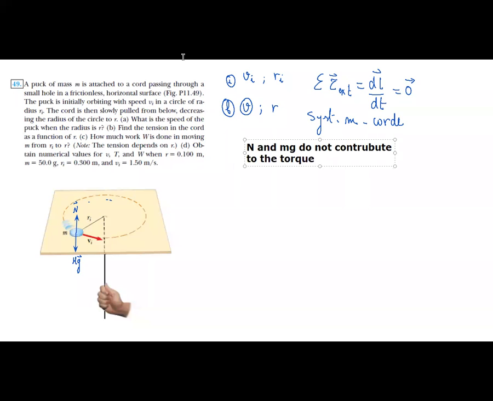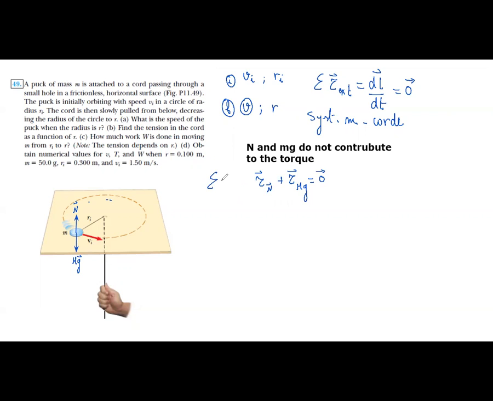Anyway, you see here N is parallel to the axis and mg is parallel to the axis. When the force is parallel to the axis, it doesn't have any effect and it doesn't have torque. So we can say tau of N plus tau of mg equals 0.